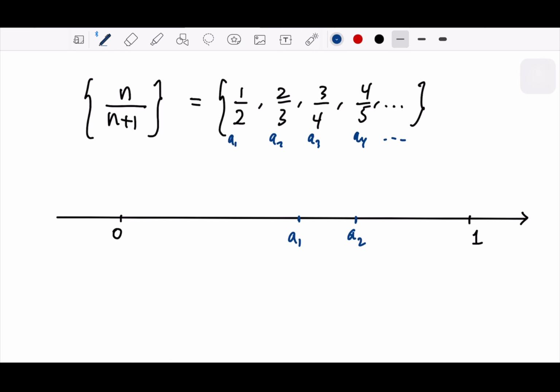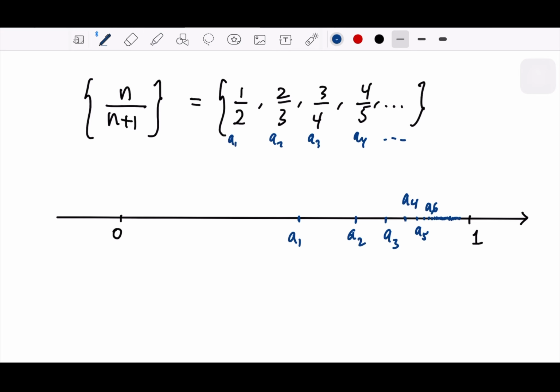And then A3, maybe around here, and then A4, A5, A6, and you'll see that they are getting closer to the number 1 here.